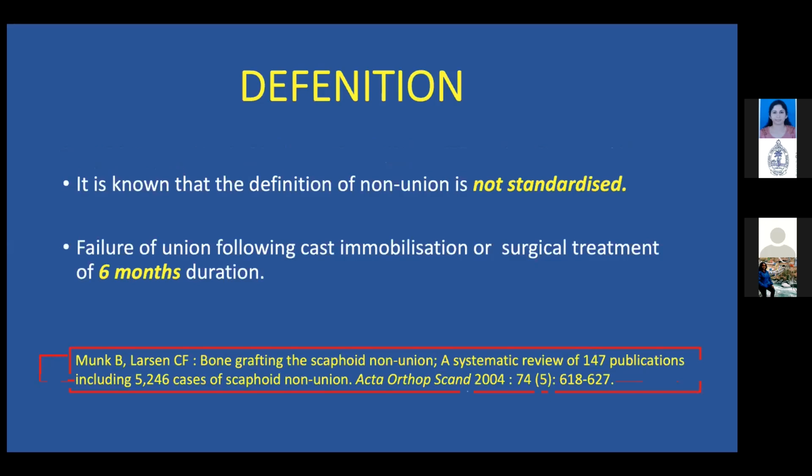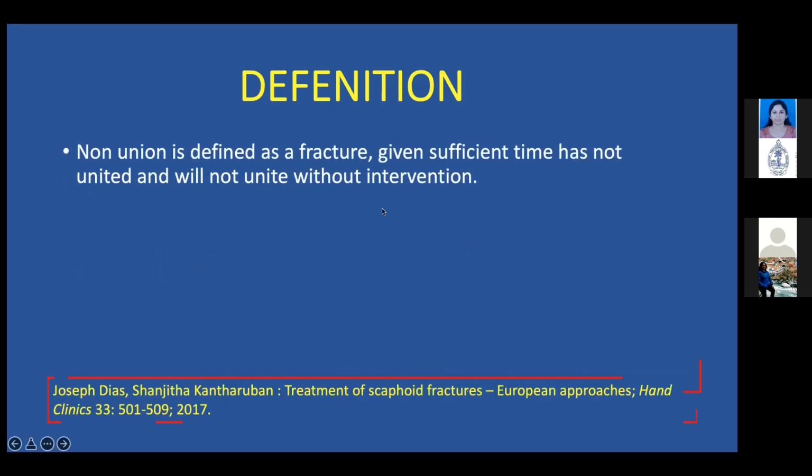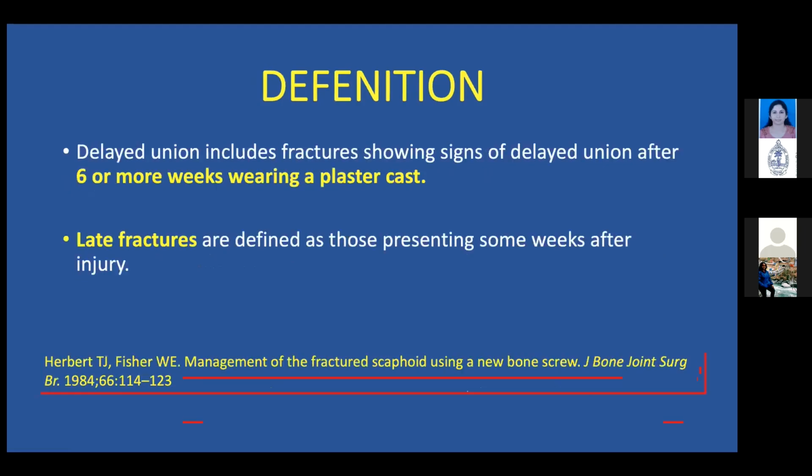So we should understand that the definition of non-union is not standardized. We say non-union when there is a failure of union following cast immobilization or surgical treatment of 6 months duration. Non-union, as we know, is defined as a fracture that, given sufficient time, has not united and will not unite without intervention.